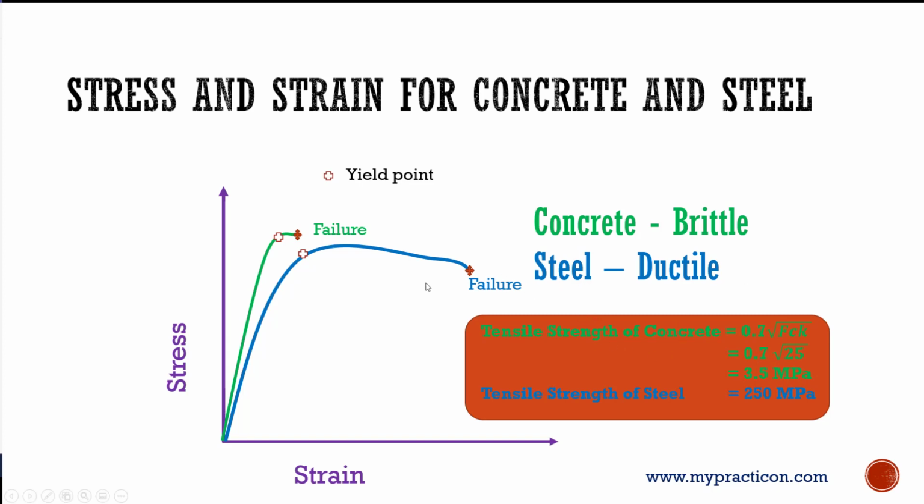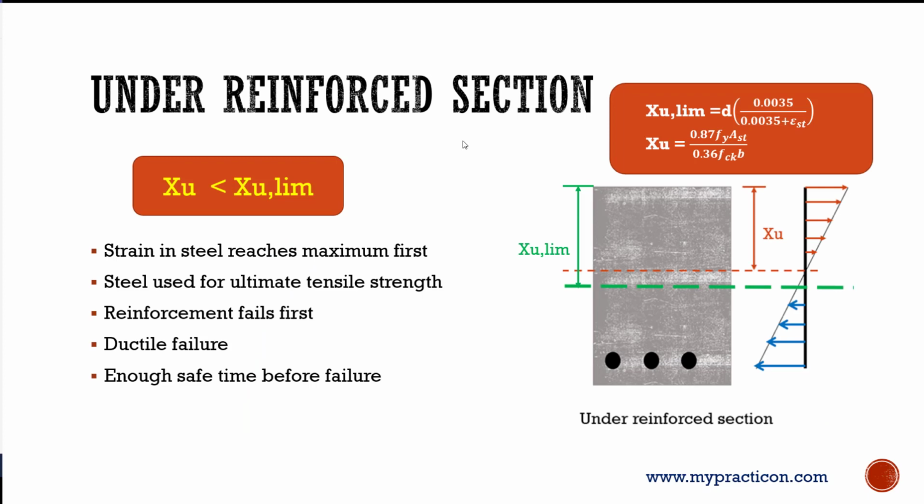So now if you look into this failure mechanism, next we go to the section classifications, now under reinforced sections. So think about here, the steel reaches first and the concrete reaches strain in the later stage. And this XU and XU limited will be calculated based on the strain theory.